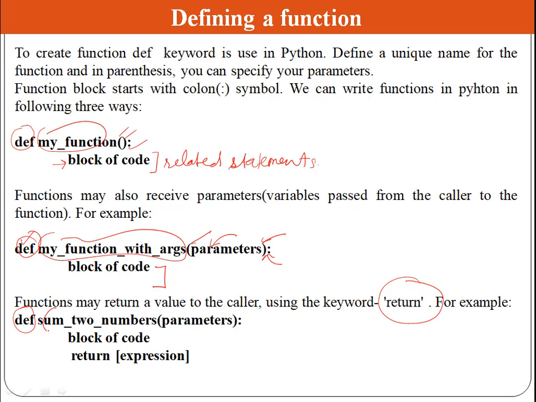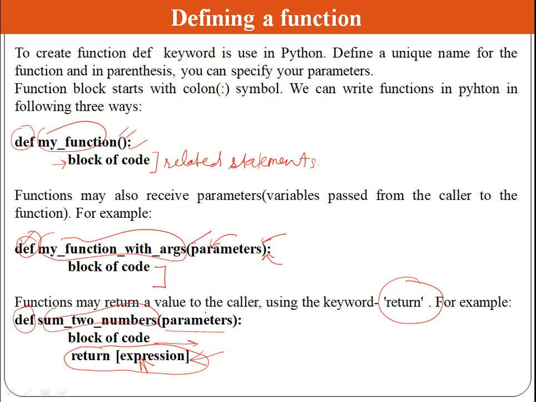You pass parameters to it, then you have a related set of statements, and here it returns some expression back to the caller. This is how you write the return statement when you want the function to return some value or expression to the caller.